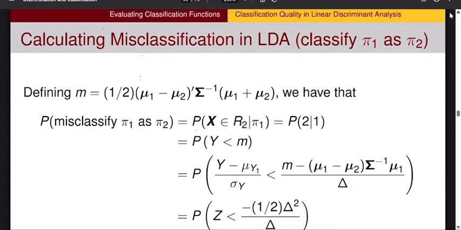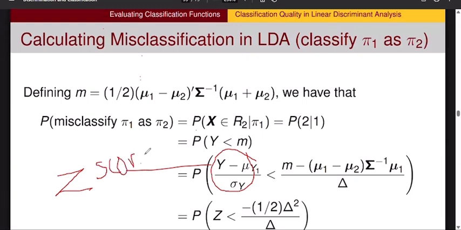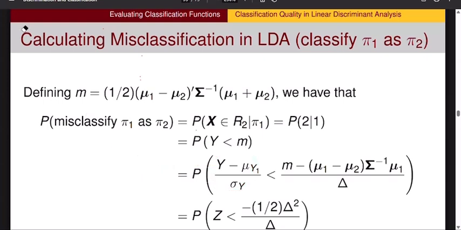If I wanted to find the probability of y less than m, please pay attention to what I'm doing here. I'm actually using a z-score. Do you remember the z-score that we've done in this class? Don't forget, normality facilitates standardization, and the standardization facilitates the use of the z-score. So right now I'm going to do y minus the mean, divided by the standard deviation. My y is my m.